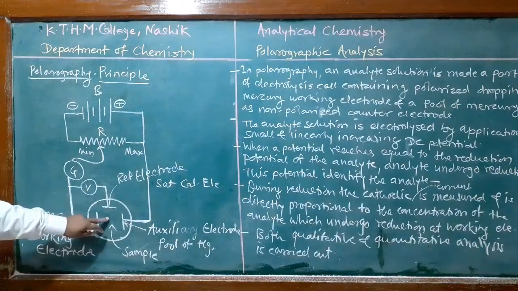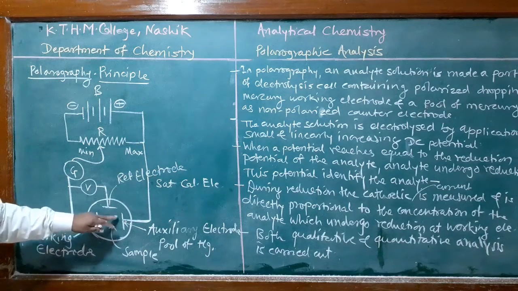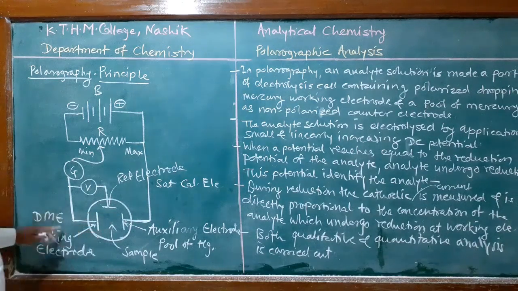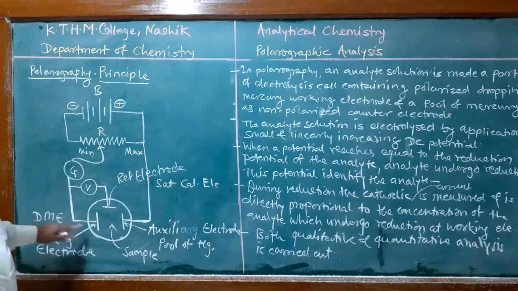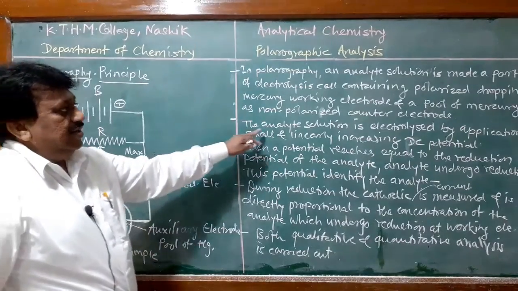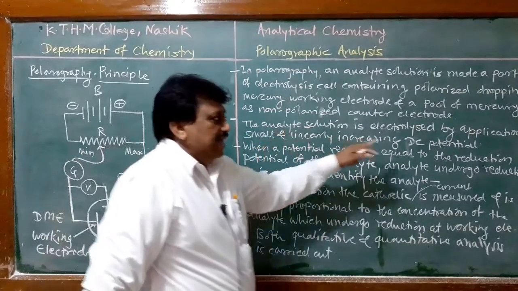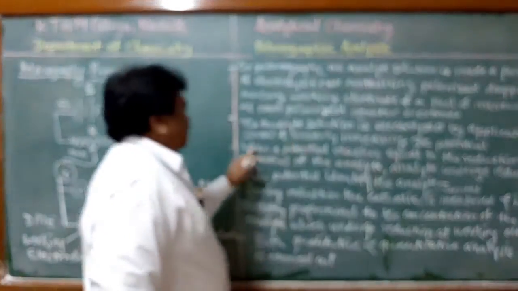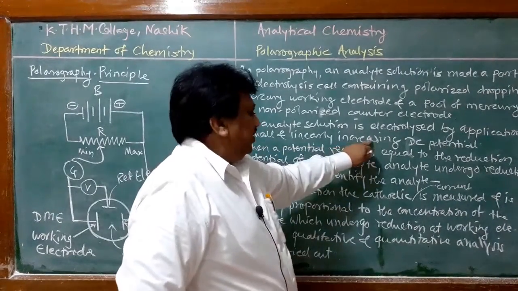In a polarographic analysis, the sample solution is made a part of an electrolysis cell containing a dropping mercury working electrode and a pool of mercury as an auxiliary electrode. Then the sample solution is electrolyzed by the application of a small and linearly increasing DC potential.